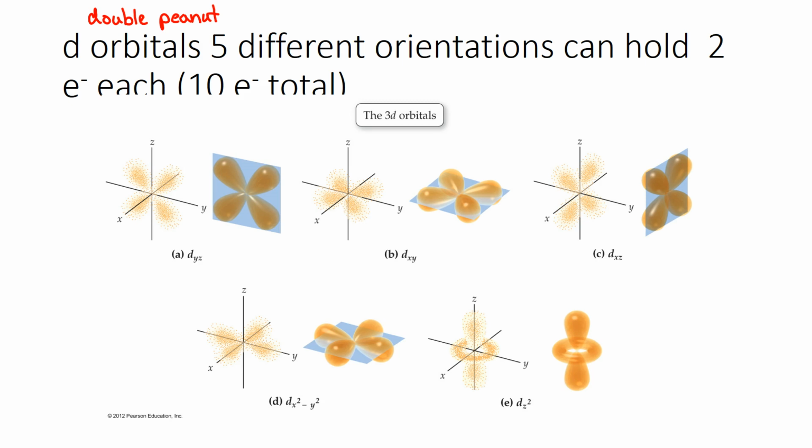That looks a little bit different than the rest. It kind of looks like a P with a donut around it. And again, you won't be asked to draw these pictures. I'm just trying to give you an idea of how we do this in a space model, how all of these could stack on top of each other and not occupy the same space, that they're not penetrating each other.